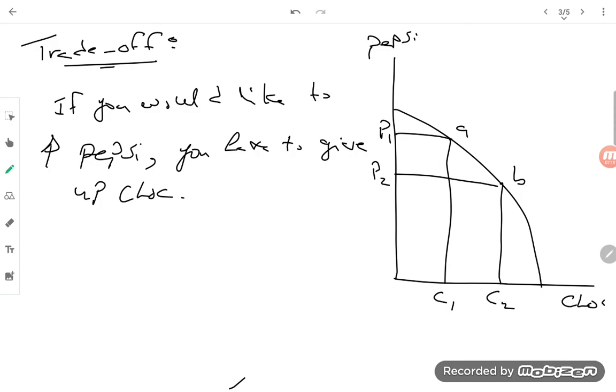So if you would like to increase the production of chocolate from C1 to C2, you have to decrease production of Pepsi from B1 to B2, and vice versa.